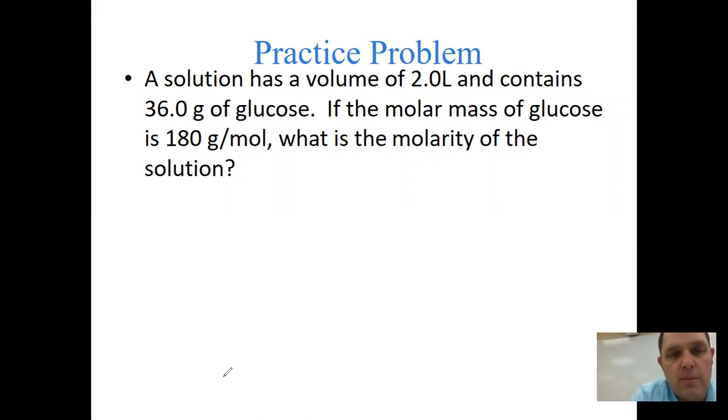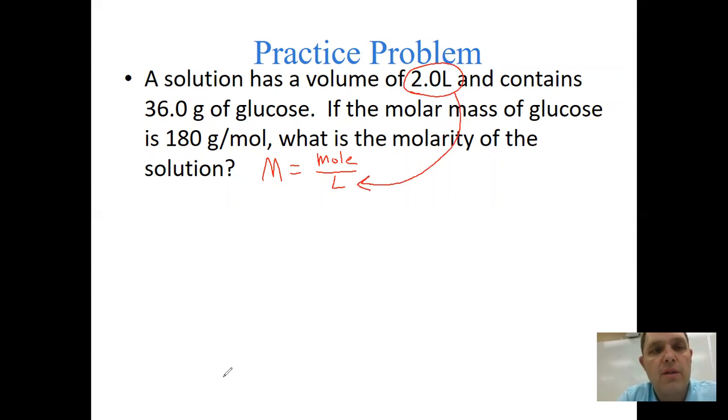Well, again, I'm going to write this up here, big M, and we can't use small m, you'll see that in a later lecture, but this is moles over liters. Now in this problem to start with, we're pretty lucky. It gives us our liters. So we already got the bottom number.